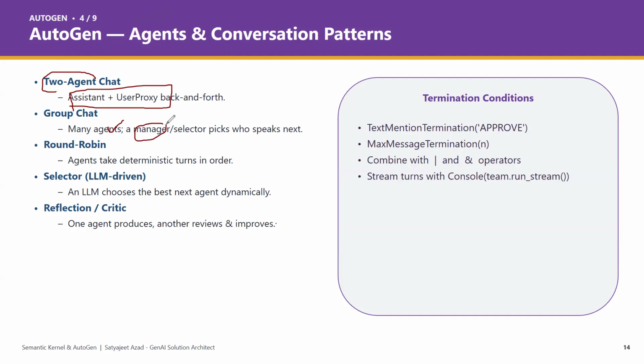Round robin is where the agents take deterministic turns in order. Deterministic means something which is not probabilistic. Means you are very much sure that my LLM gives a response like this. Other LLMs give you probabilistic results, which are non-deterministic.